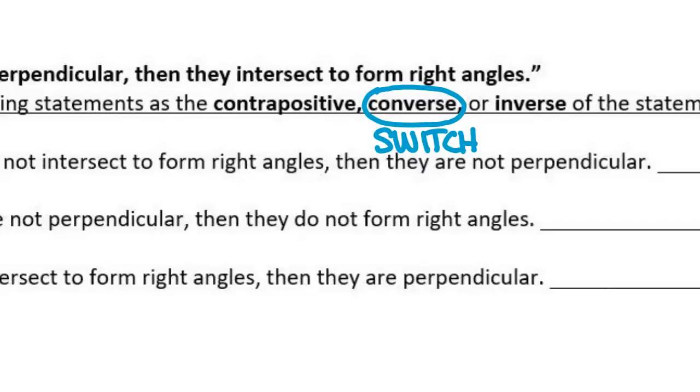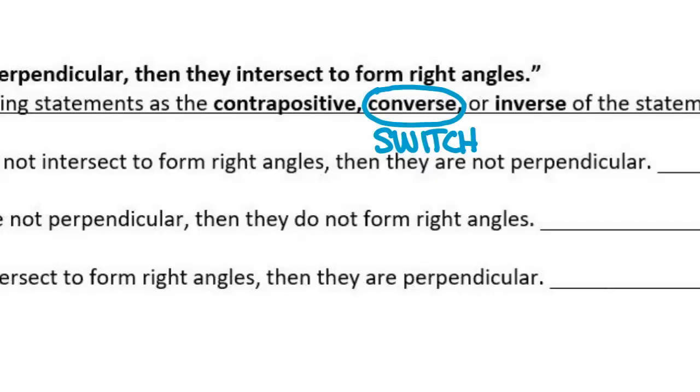So if I switch, if 2 lines are perpendicular, then they intersect to form right angles. What would that sound like? If 2 lines intersect to form right angles, then the lines are perpendicular.